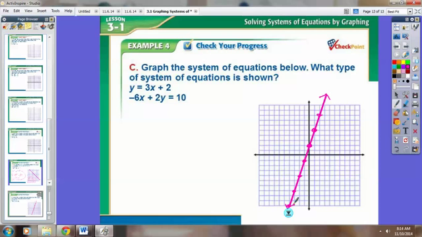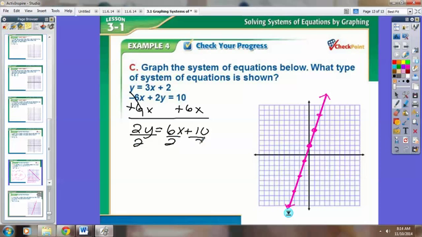For the second equation, I would add 6x. So we have 2y equals 6x plus 10. Divide everything by 2.